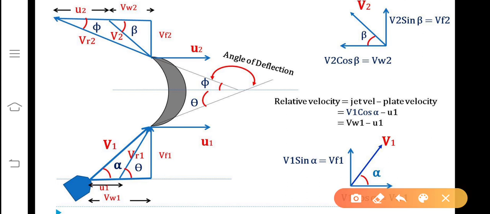Can you see here very clearly? After we have measured u1, v1, vr1 should be written from that point. Similarly, from that point vr2 is to be written. That's why vr2 is coming here. vr1 is coming inside the triangle. Here vr2 is outside the triangle.